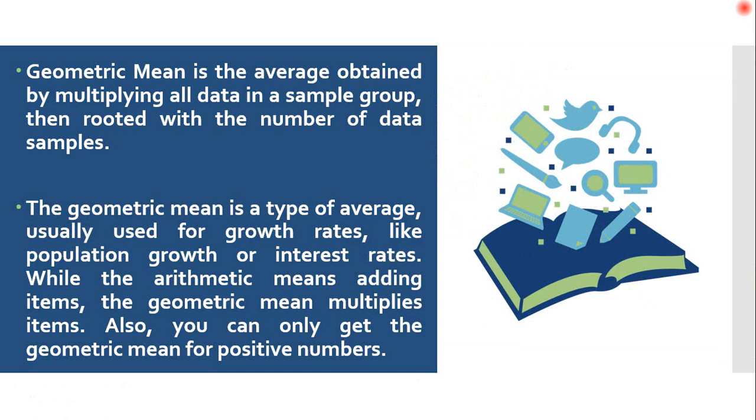So, from this paragraph, you can catch the difference of arithmetic mean and the geometric mean. The arithmetic mean is actually the average that we know from the first part of this chapter, that we call x bar, or the common mean.